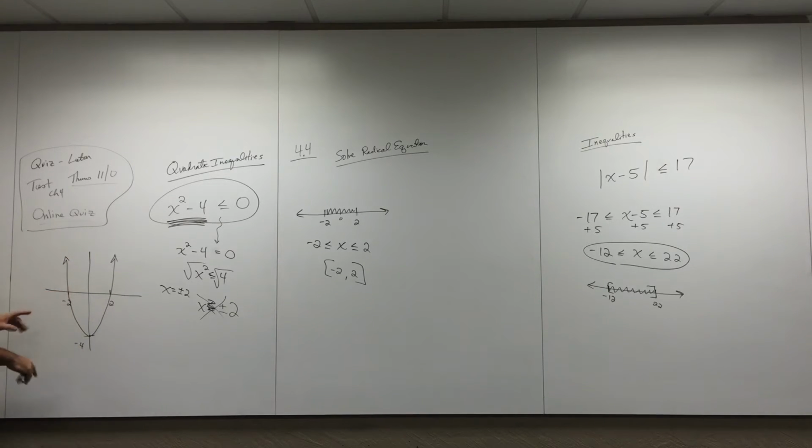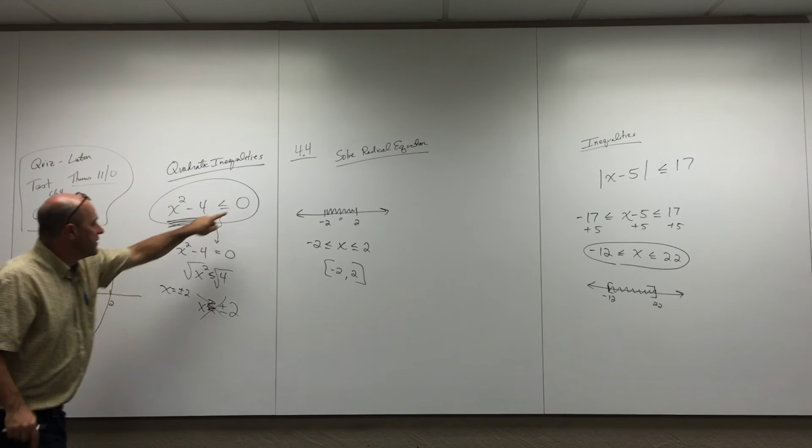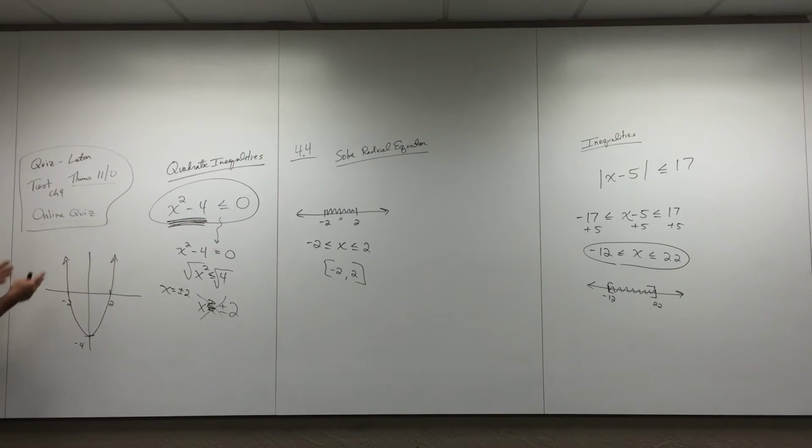Now look at this picture and tell me, when is the parabola less than or equal to 0? Look at the picture. 0 is the y-axis, you know? So when is it below the y-axis, or when is it above the y-axis? Maybe this is a cool approach. I like this approach. It's very visual.